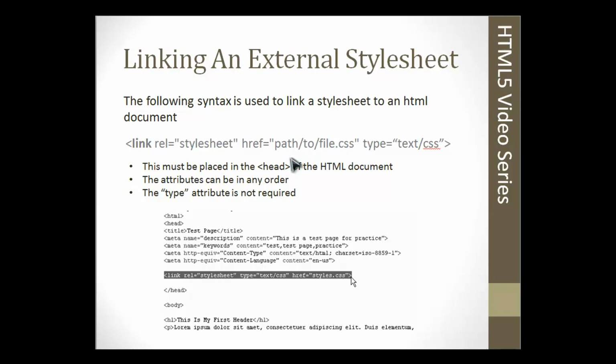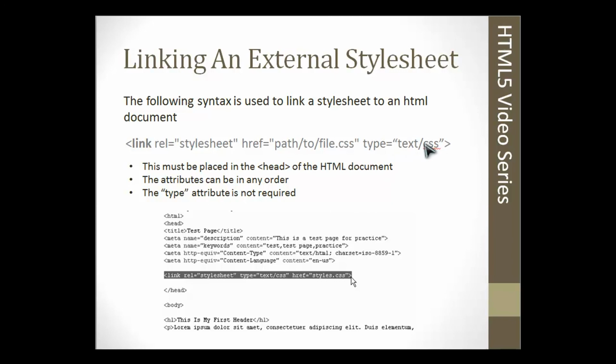So if you have the CSS file in the same folder as the HTML document, you would only need to put file.css, or whatever you named it. In most cases it's in a folder that's actually named css, so it would be css/file.css. And the type just tells it that it's text and it's CSS.